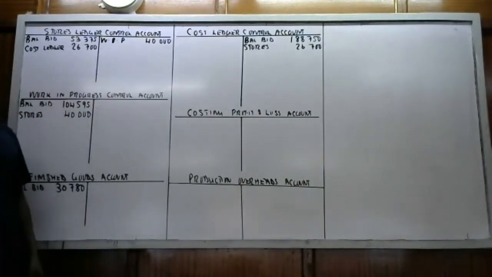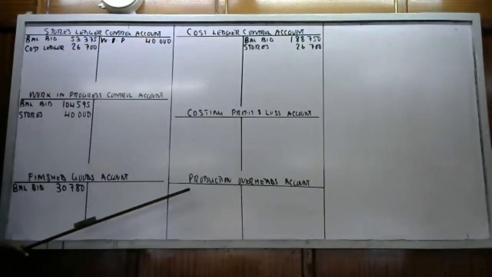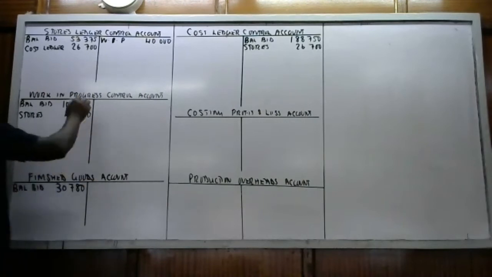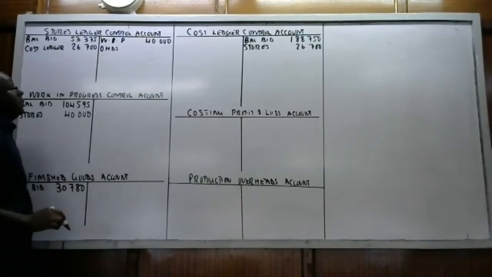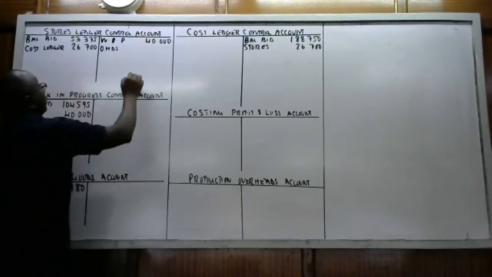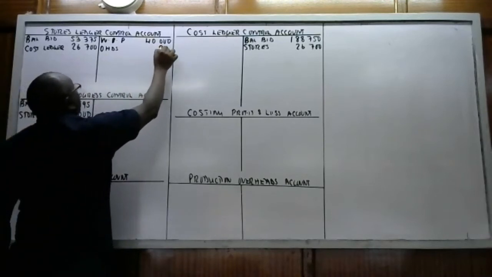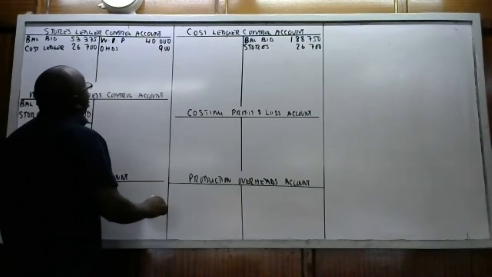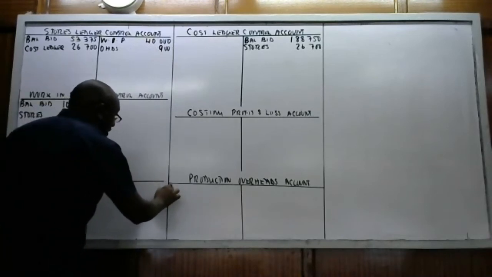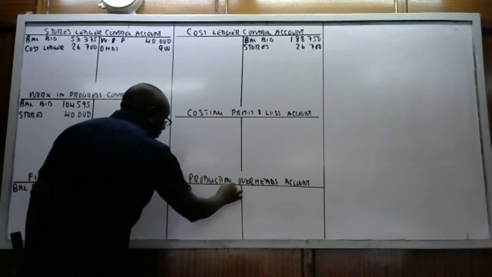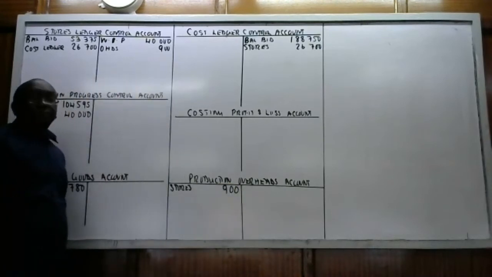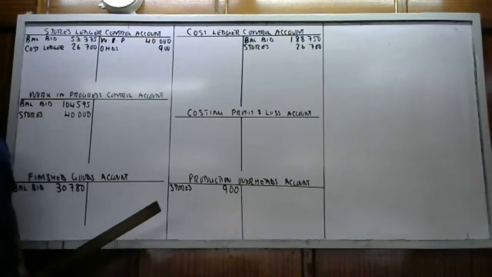When we issue those materials, we debit the overheads and credit the stores. So let's start with the stores. Because of the overheads, the amount is 900. Then you come to the overheads because of the stores. The amount is 900.